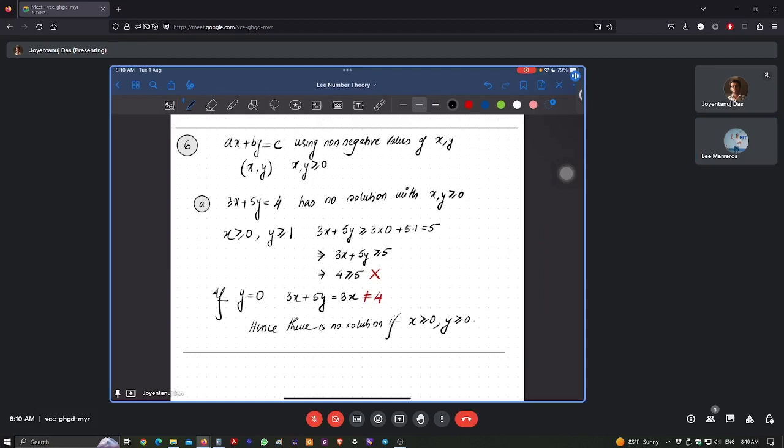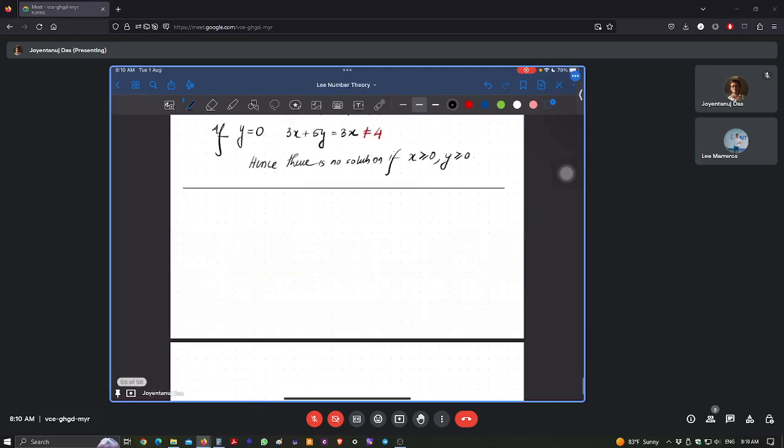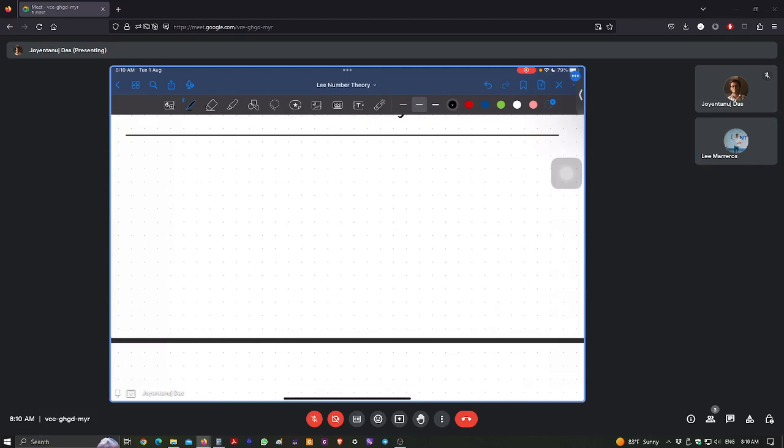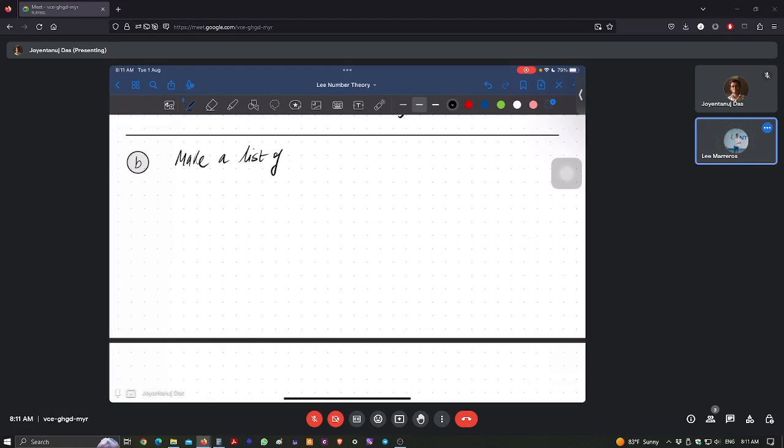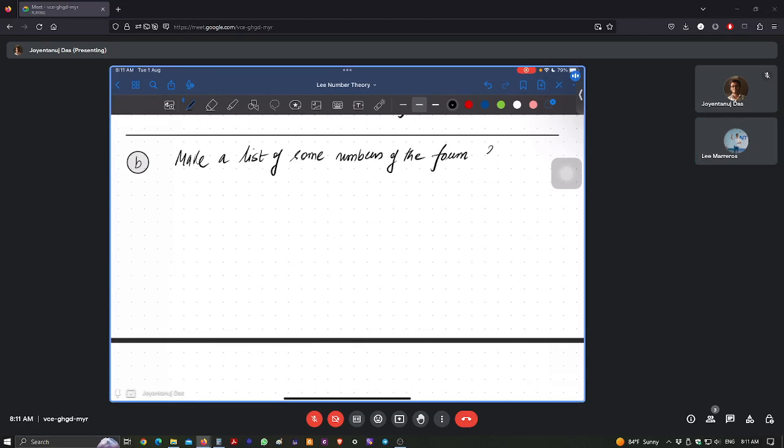Right. So next part, part B, what they're asking is, make a list of some numbers of the form 3x plus 5y, where both of them are positive.